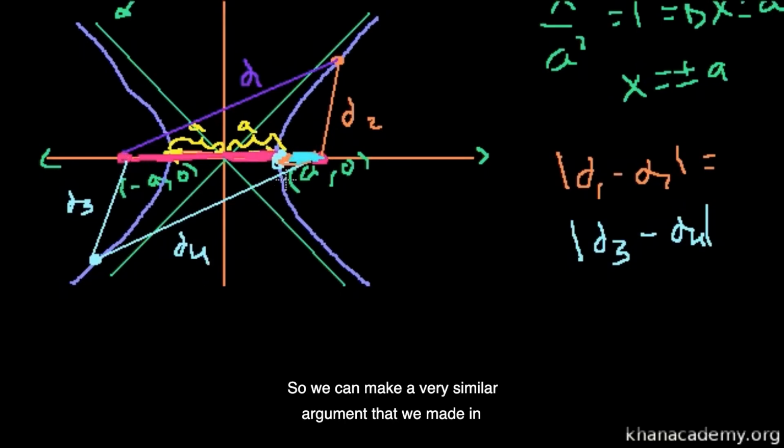We can make a very similar argument to the one we made in the ellipse situation. This light blue distance, from this leftmost point of this rightward-opening hyperbola to this focus, is the same as this distance. Because the hyperbola is symmetric around the origin, the focal length is the same on either side of the center of the hyperbola, depending on how you view it. But I think that's not too much of a stretch of a statement for you to accept.